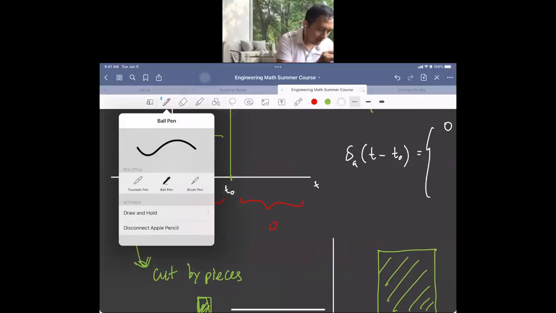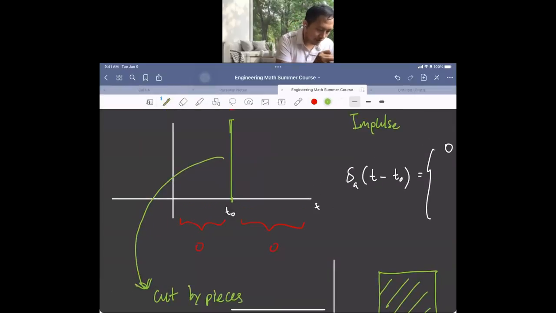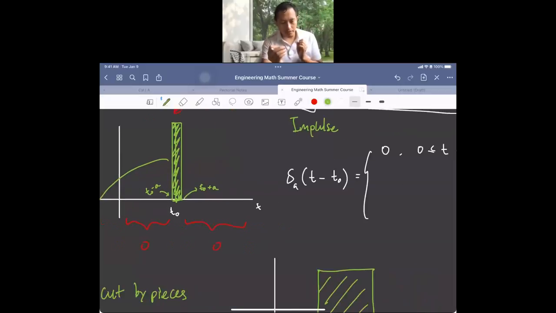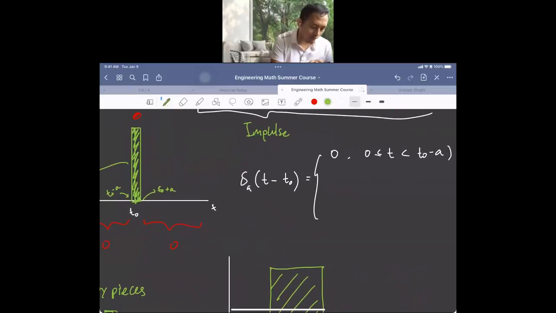Let me also make this a rectangle here, with t0 minus a and t0 plus a, so it can move a to the right and a to the left.